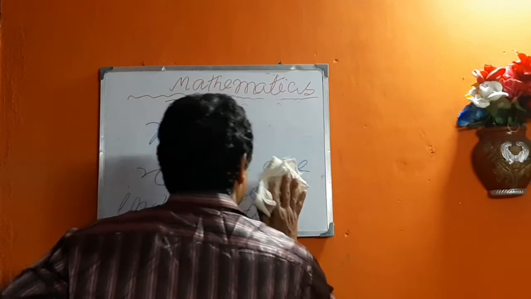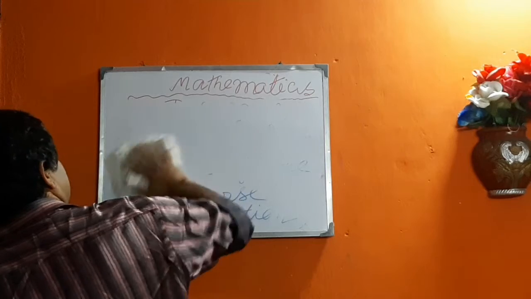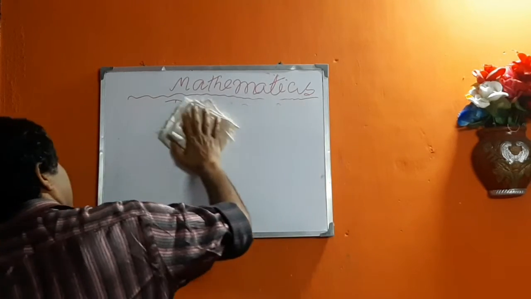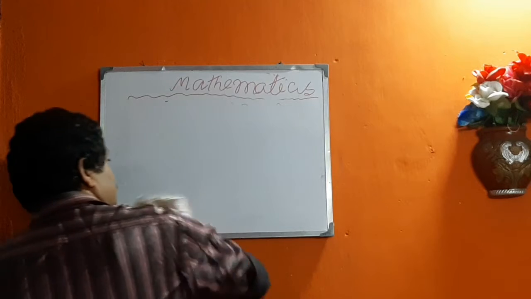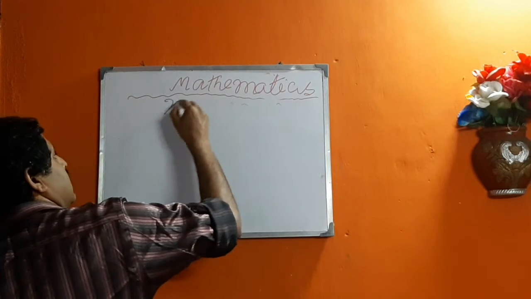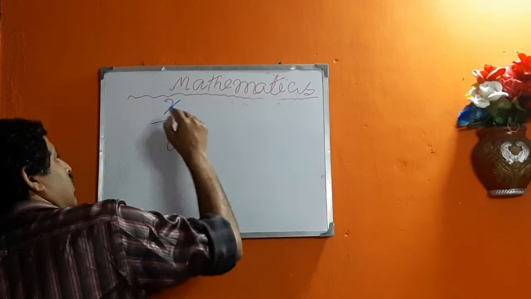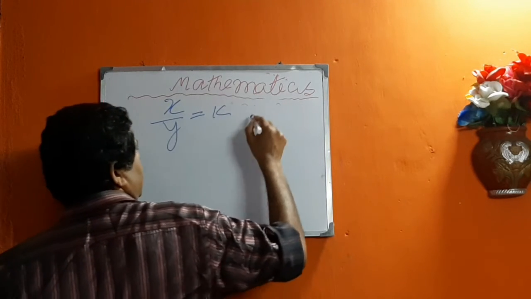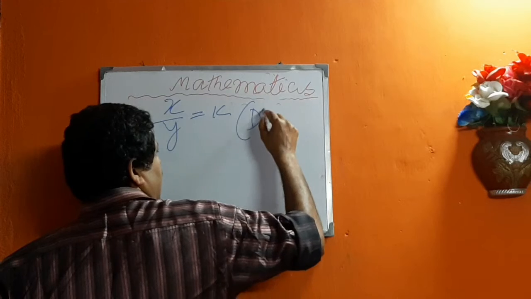So now I can summarize the two types of variation just mathematically. We have two quantities x and y. If x by y equals k, then it is direct variation.